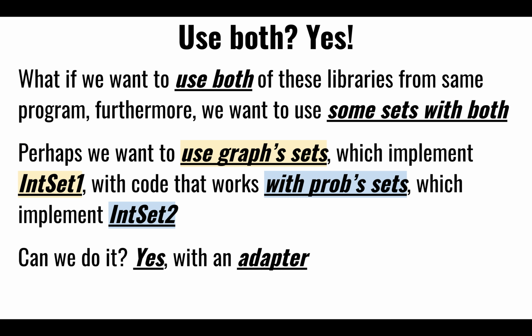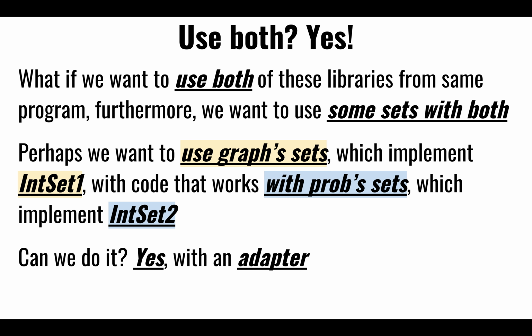All right. So the question is, I have code in different parts of my big project and somebody asked me to implement some new feature, and I'm writing it, and it says, ooh, this part of the code expects an int set1, right?